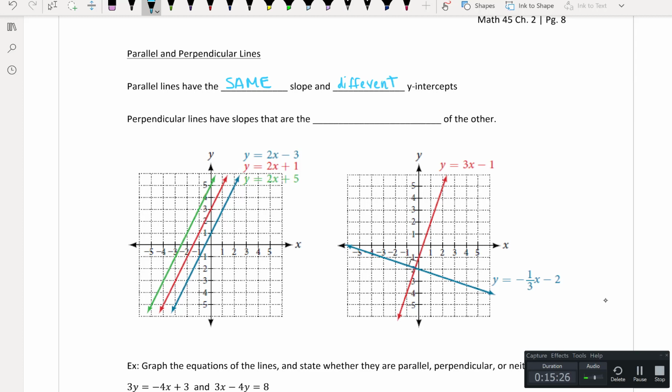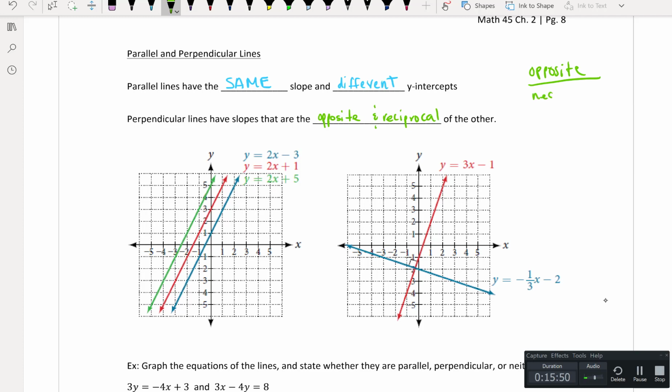As for perpendicular lines, perpendicular lines have slopes that are opposite and the reciprocal of the other, okay?